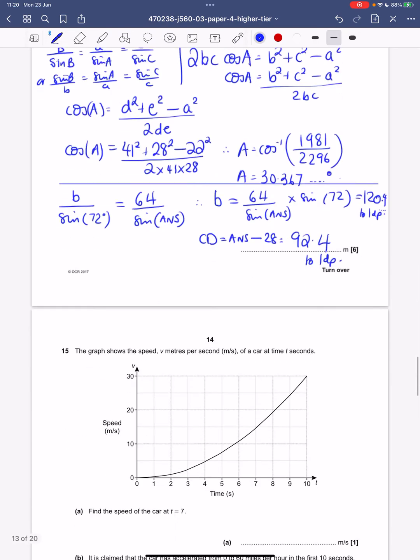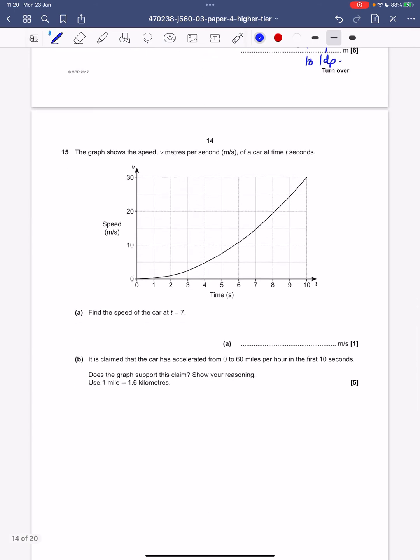Okay, and we'll move on. Number 15. The graph shows the speed v metres per second of a car at time t seconds. Okay, so at 1 second it's here. Look here, between 5 and 6 it's reached 10 metres per second, and by 10 seconds it's reached 30 and everything in between. So when t equals 7, let me zoom in.